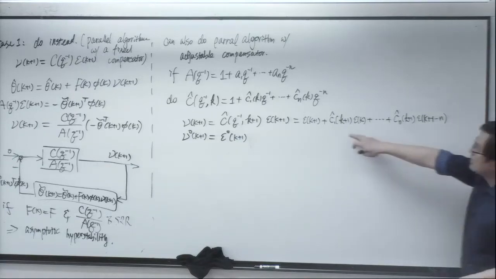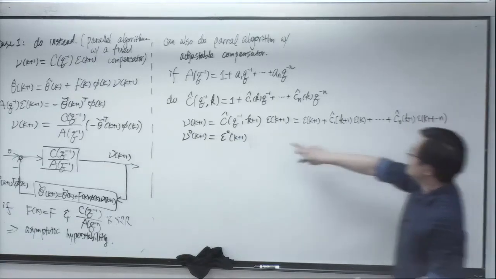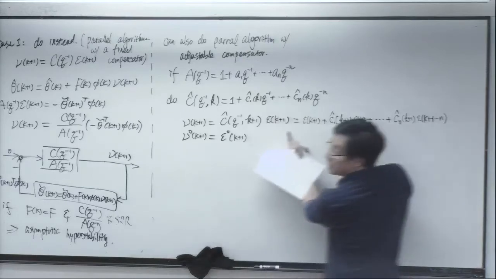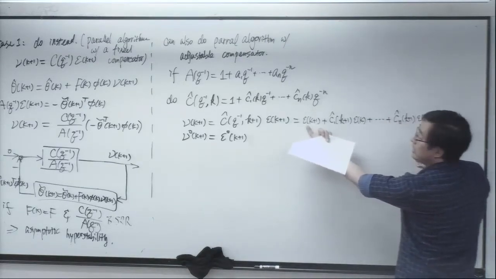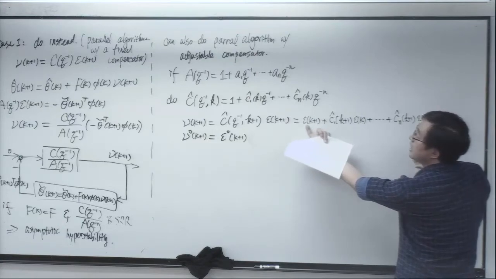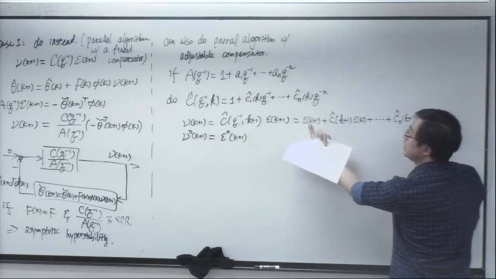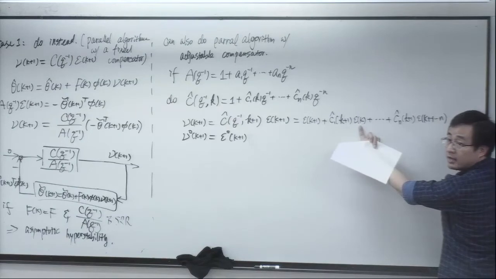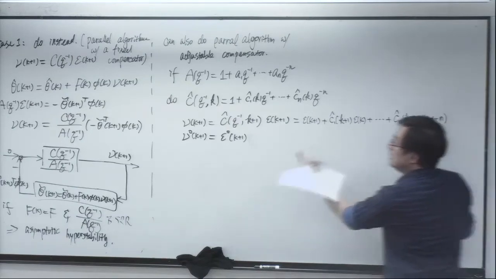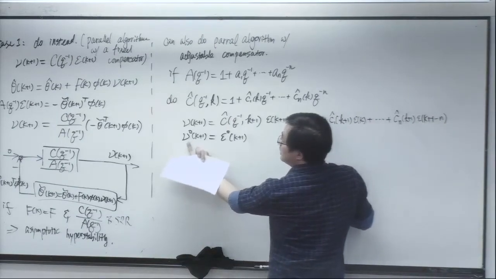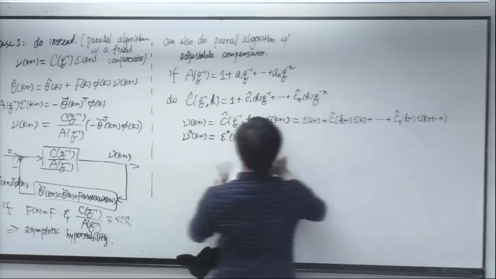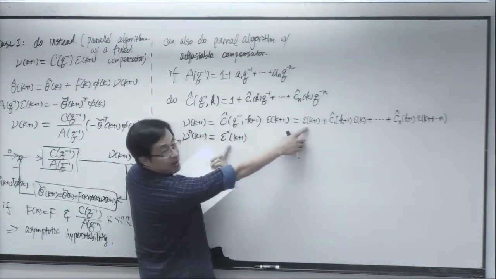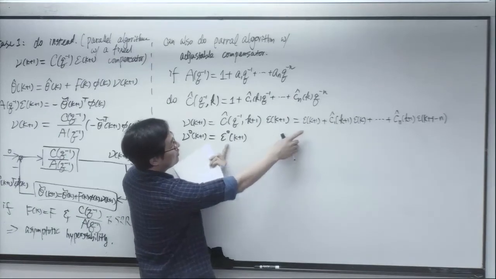All right, so that's the filtering step. This is not implementable at time k plus 1 because this is not available at time k plus 1. This is a posteriori. This is available at time k plus 1. So the concept of the a priori adaptation error is to use whatever I can have available at time k plus 1.